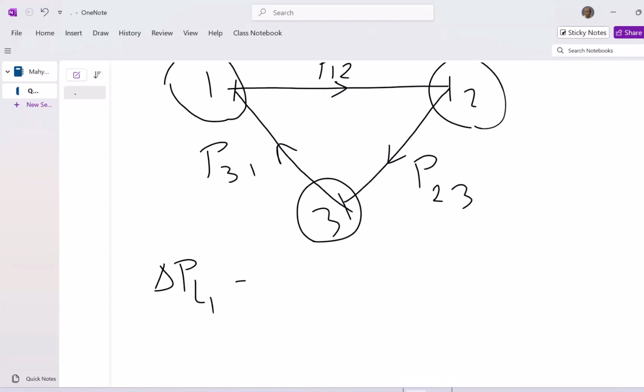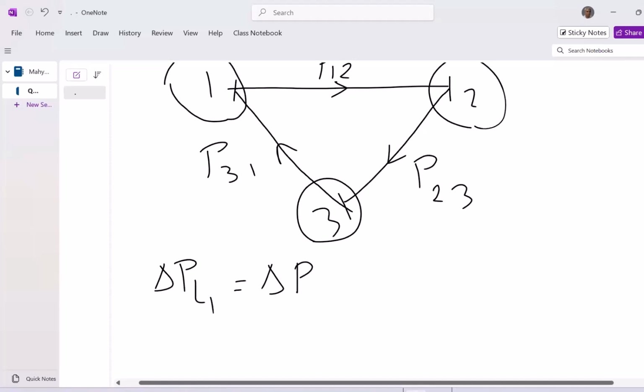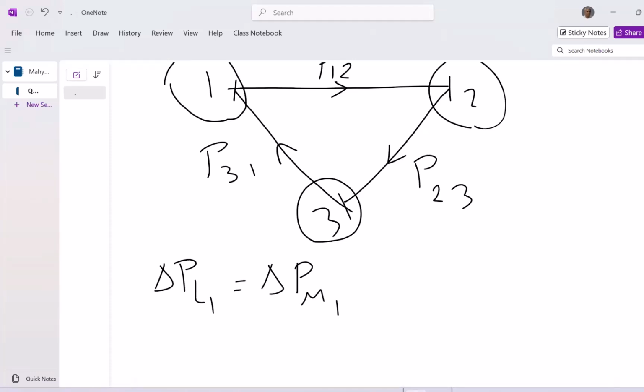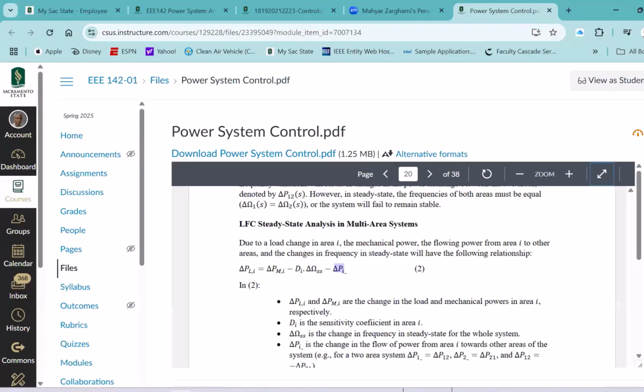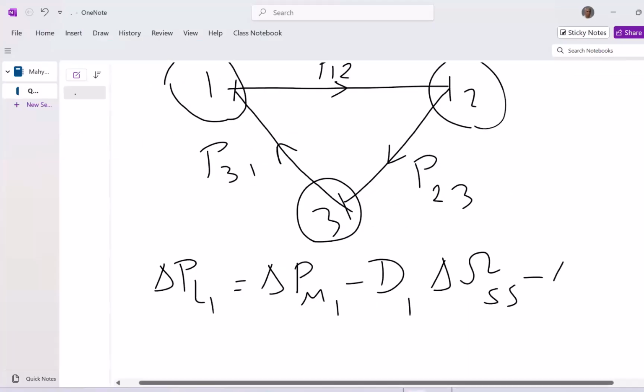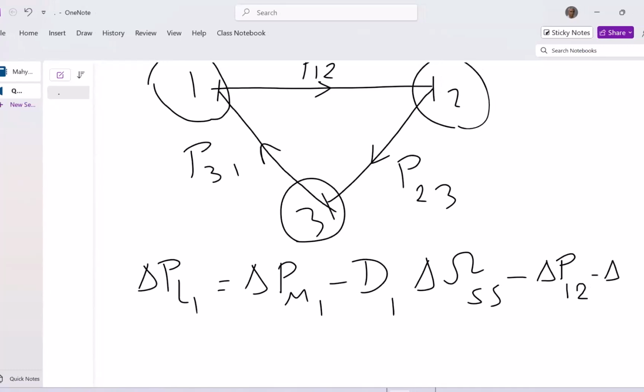If you're talking about the change in load in area number 1, that should be equal to delta PM1, the change of mechanical power in area 1, minus D1, the sensitivity of area 1 to frequency, times delta omega under steady state conditions, minus this delta P_i underscore, which means delta P1, the changes of power from area 1 to area 2, minus the changes of power from area 1 to area 3.